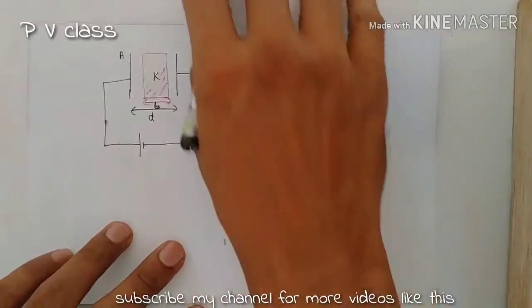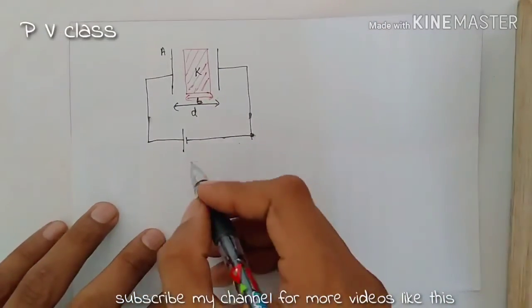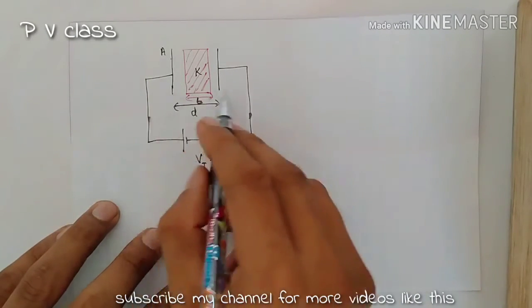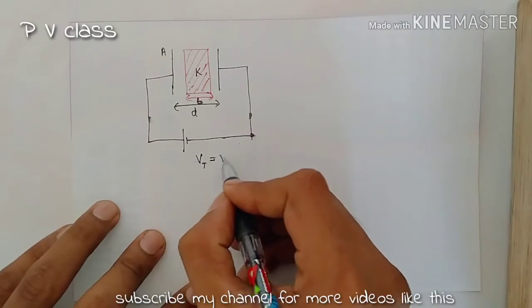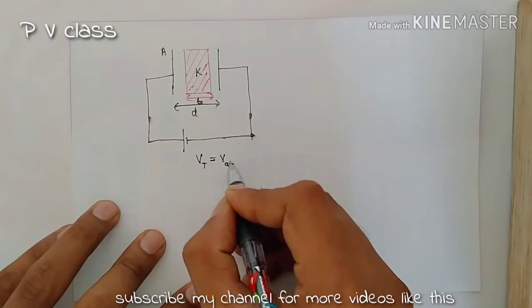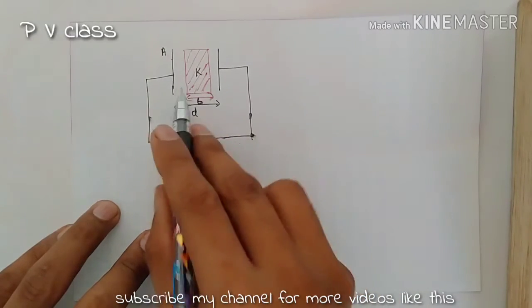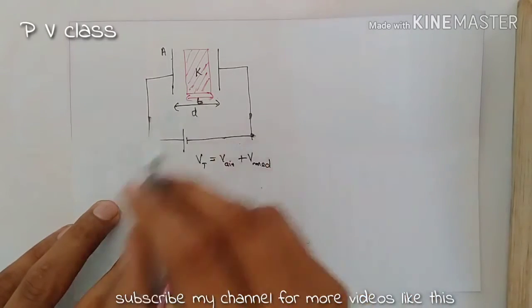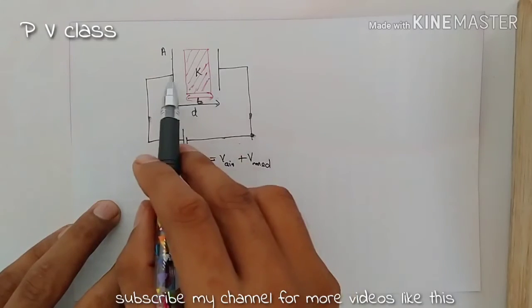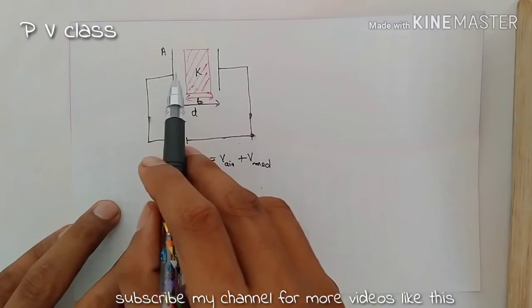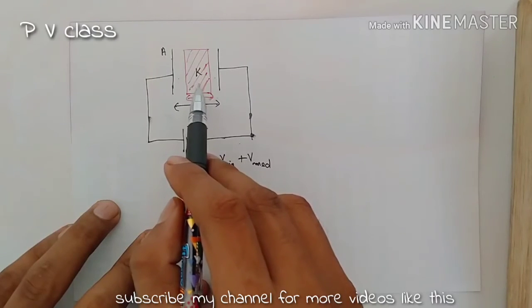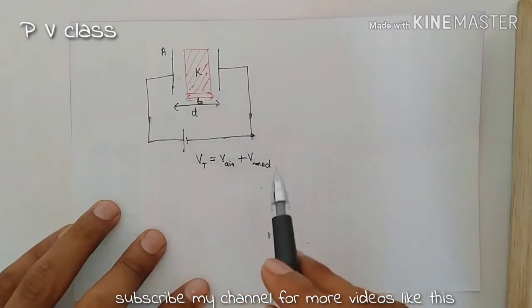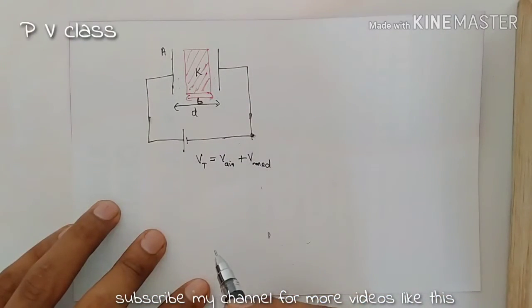But in this case, I'll start like this: the total potential between the plates of the capacitor will be the potential developed where there is air plus the potential developed where there is a dielectric. That is, the region between the plates of the capacitor has air and medium. The potential over air plus the potential over medium will give you the total potential.